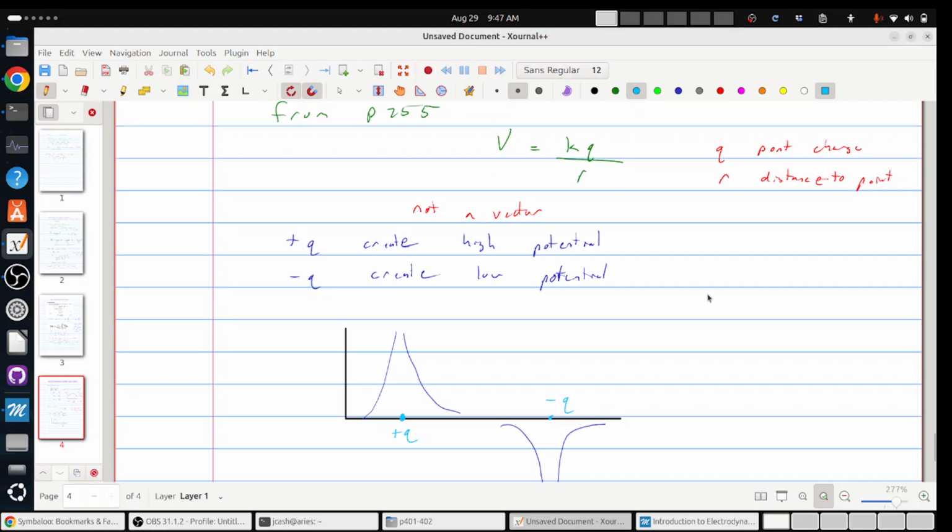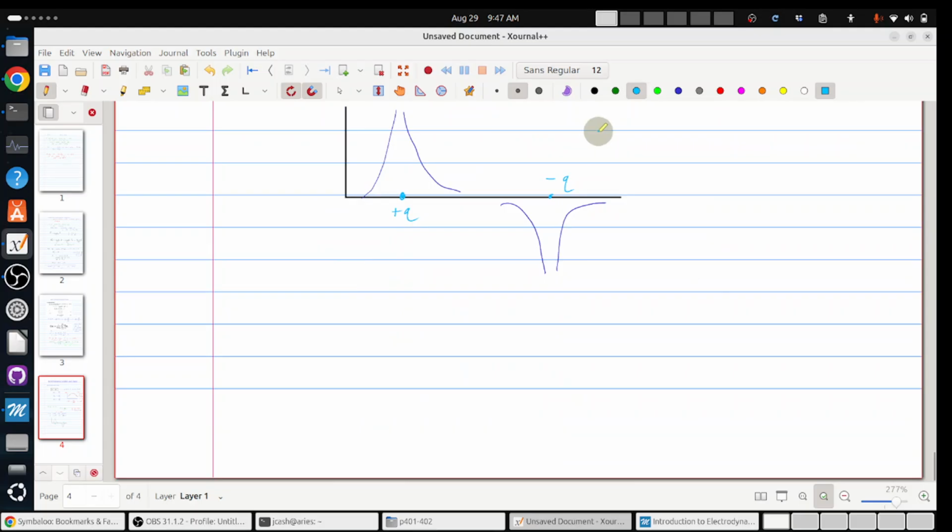But this again lends itself to multiple charges, because if I had multiple charges, the net potential was the sum of kQi over ri, where again Qi is an individual charge and ri is the distance to that charge.